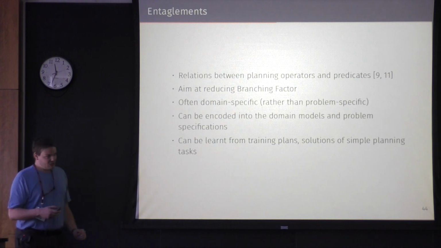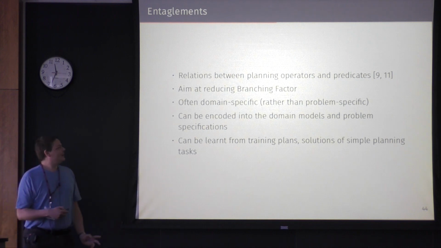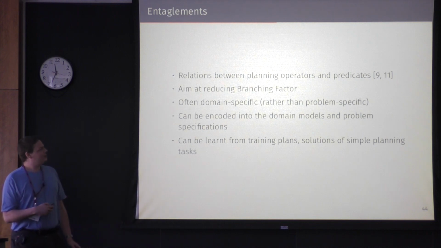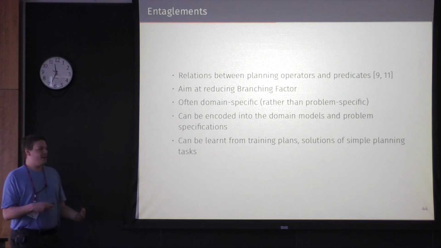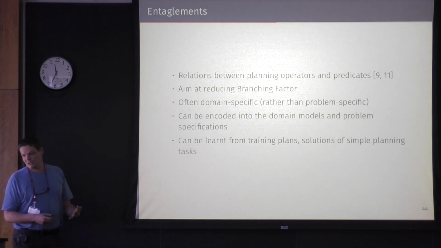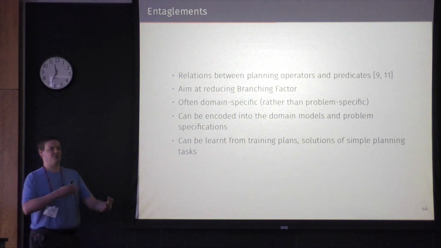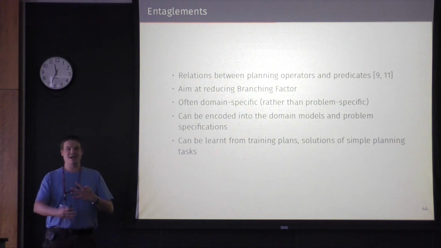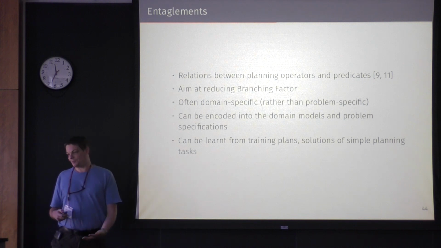Another type of domain knowledge are entanglements. Those are relations between planning operators and predicates, and the main aim of these relations is to reduce the branching factor. In other words, we are looking for pruning of some unpromising alternatives in the search space.